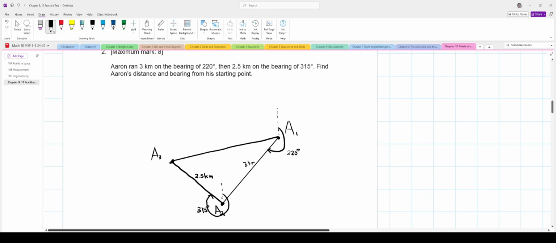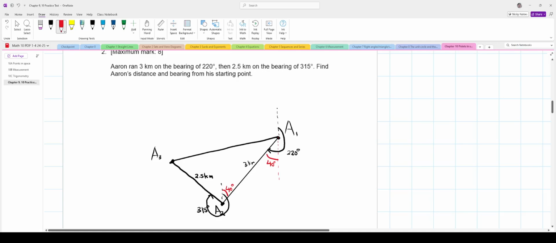So, what kind of angle can I use? Well, the first angle that we can start with is the idea of using the 220 degrees here. The bearing of A2 from A1 is 220 degrees, which means that it's 40 degrees more than 180 degrees, which explains that the bearing of A1 from A2 would also be 40 degrees.